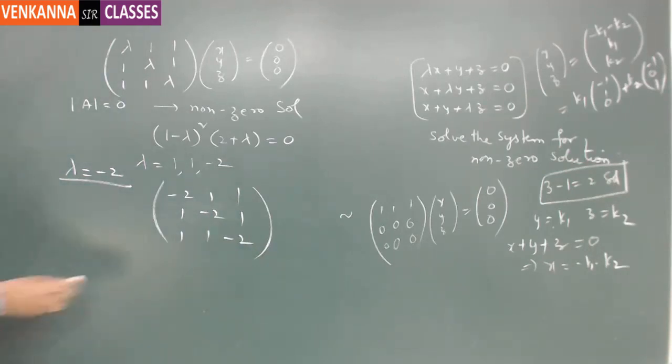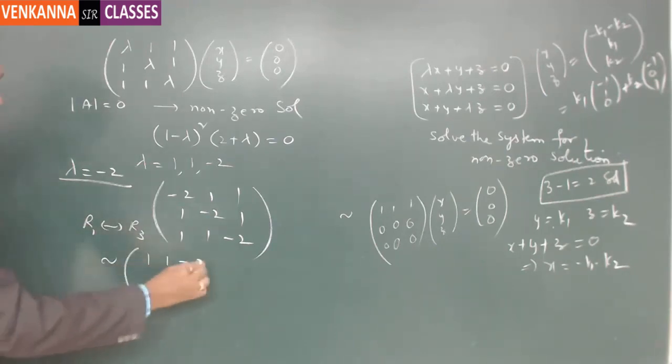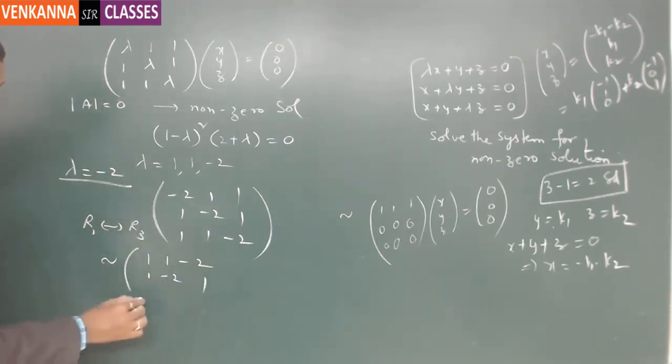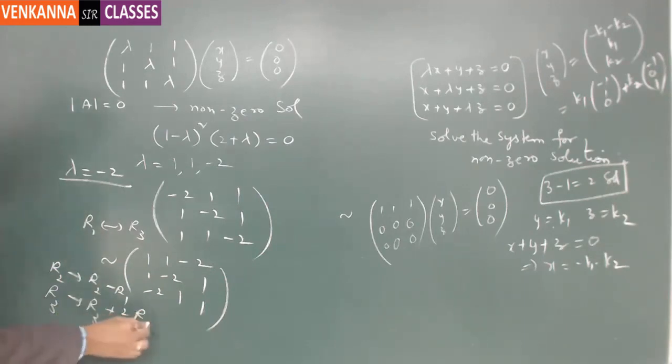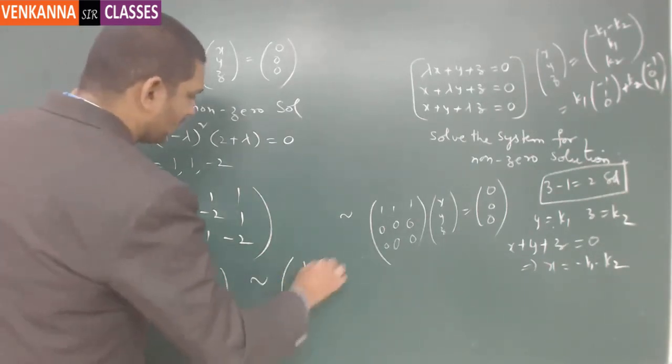Let us interchange the rows first for better application of the solution. Then R2 tends to R2 minus R1, R3 tends to R3 plus 2R1.